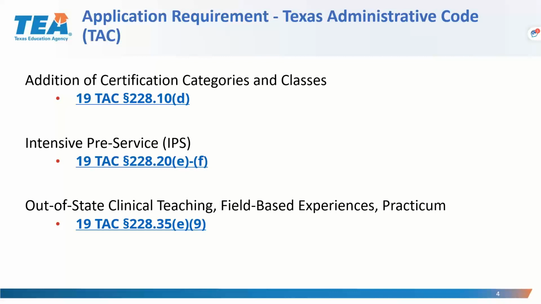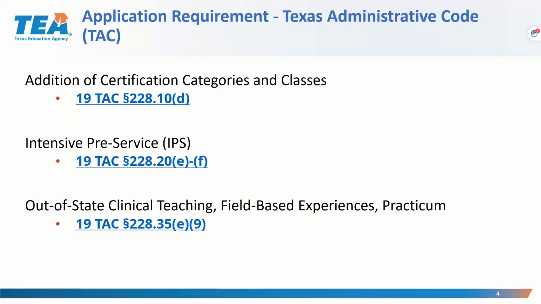When a program decides to add a new certification category or class to its certificate inventory, an application approved by the TEA is required first. The application requirements, just like program requirements, are found in the Texas Administrative Code. The application requirement to add a new certification category or class is found in 19 TAC 228.10D.